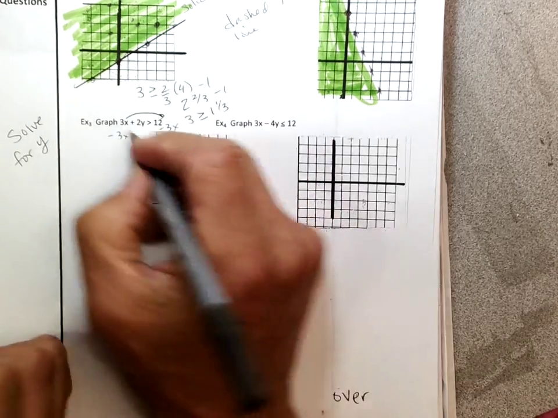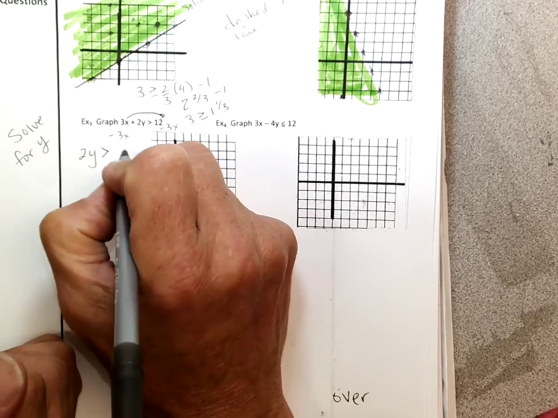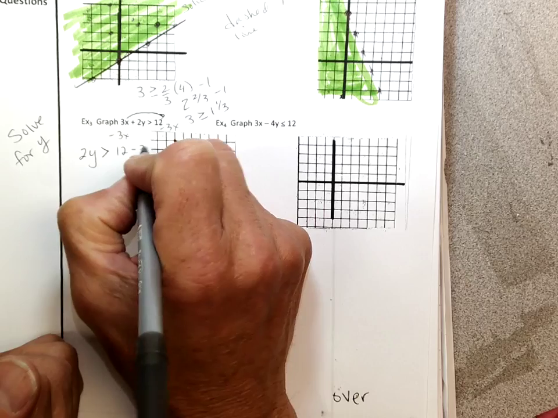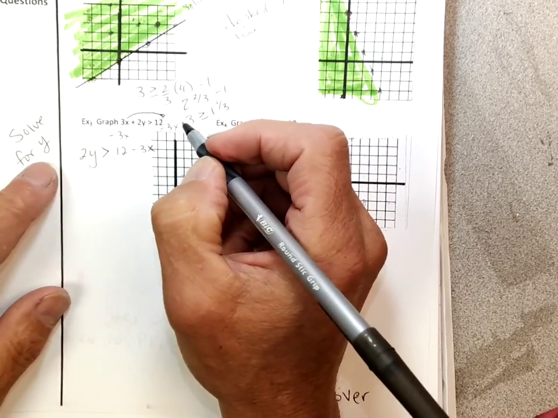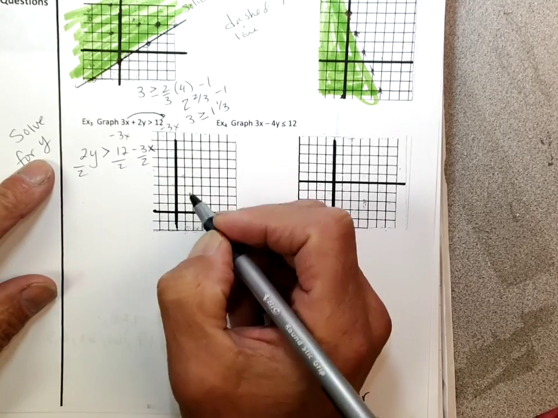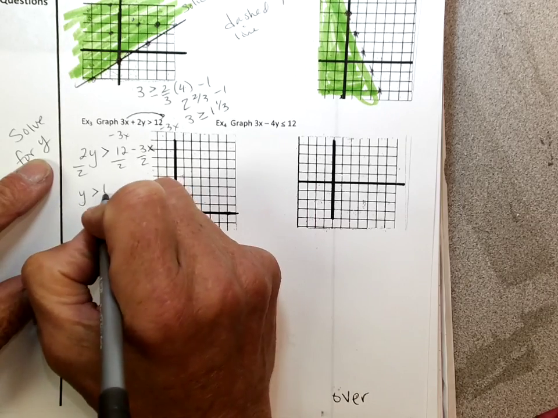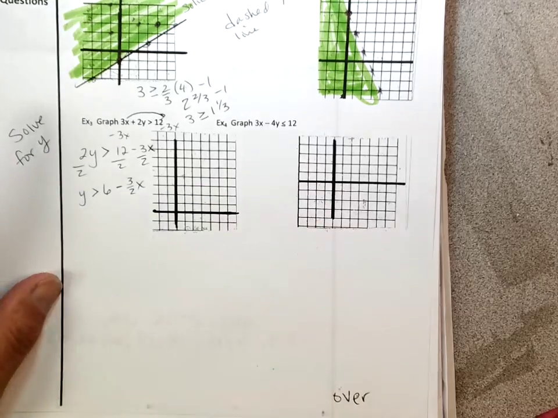So I would have 2y is greater than 12 minus 3x, or minus 3x plus 12, same thing. Divide by 2, divide by 2, divide by 2. I can get then y is greater than 6 minus 3 halves x, okay?